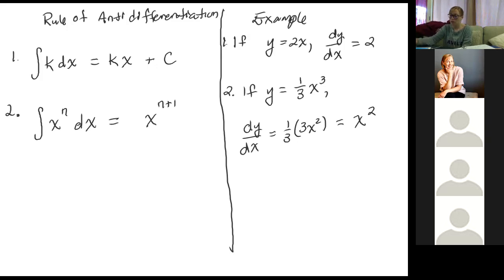So it's n plus 1. And then it looks like I have to multiply by this constant, 1 over whatever that increased power is, 1 over n plus 1. And then I have to add c on the end, because this is an indefinite integral. Questions on that part? Okay, let's keep going then.